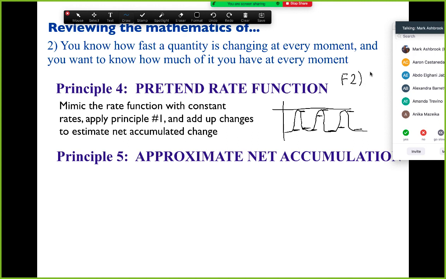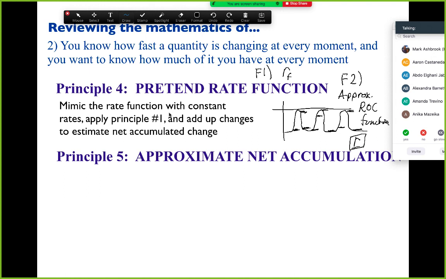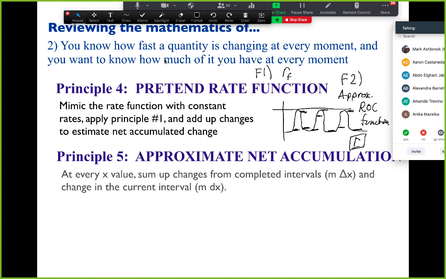So from the exact rate, we have an approximate rate of change. We call that R, right? F1 was the exact rate, R of F, and function number 2 is R. And that's the piecewise step function. That's pretending to be the real rate function, but with constant rates. That's R. Okay?